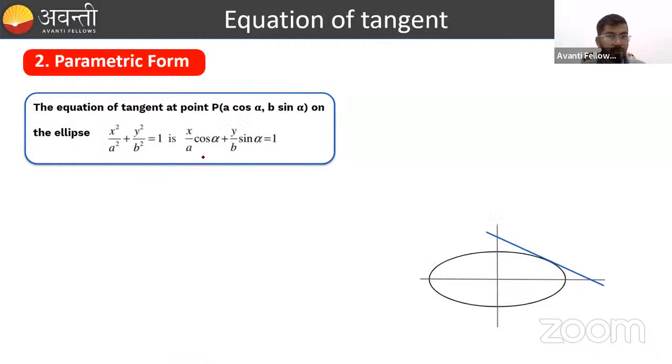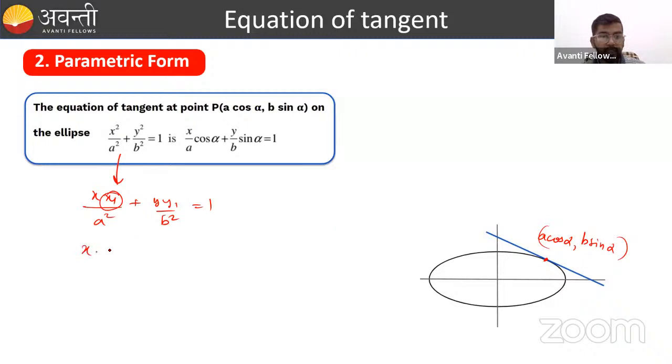Similarly here, earlier this point was x1 comma y1. Now this point is what? a cos alpha comma b sin alpha. So you remember the equation was x x1 by a square plus y y1 by b square equals 1, right? So here instead of x1, what is given? a cos alpha.